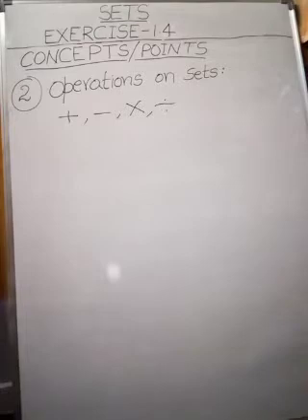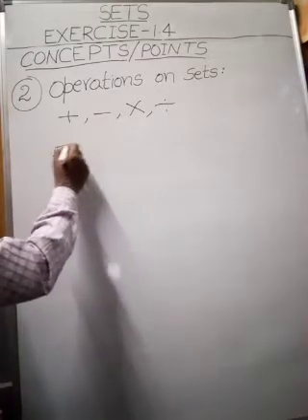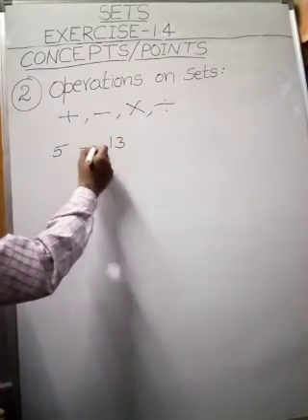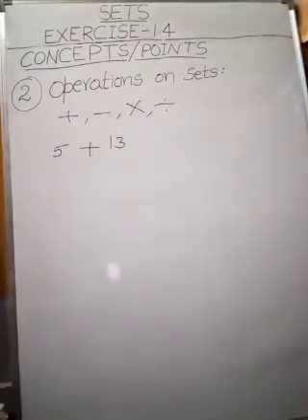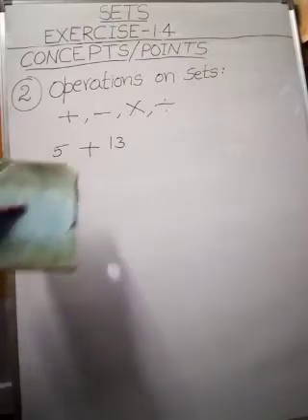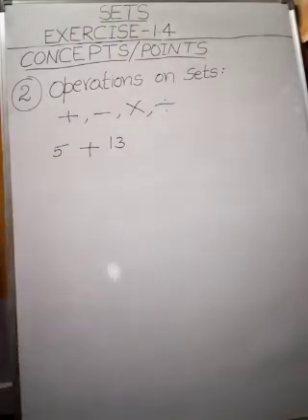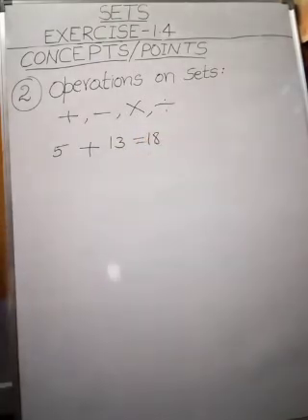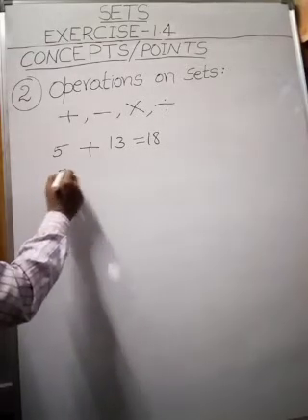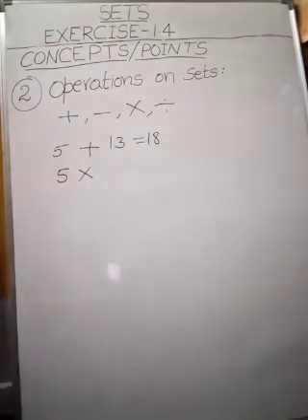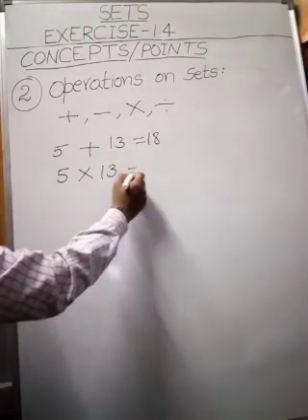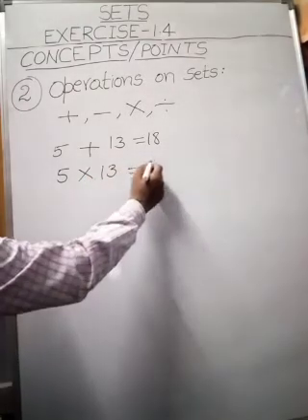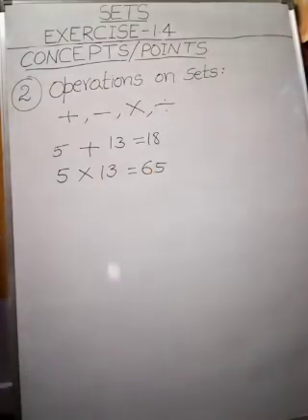For example, when we perform the operation of addition on the pair of numbers 5 and 13, we get a new number, that is 18. Similarly, if you perform the operation of multiplication on this pair of numbers, we get another number, 65.